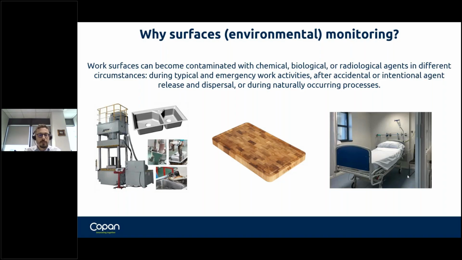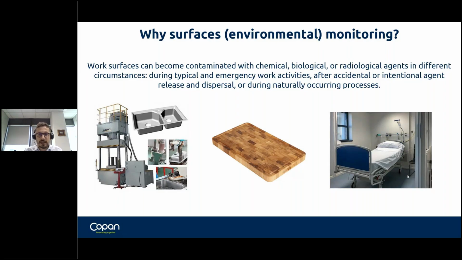Going more specifically into surfaces, which is the topic of today's webinar, it's common knowledge that work surfaces can become contaminated with chemical, biological or radiological agents in different circumstances. This could be an emergency work activity, an accidental contamination, an intentional contamination, or, in most cases, it just happens during the naturally occurring process.